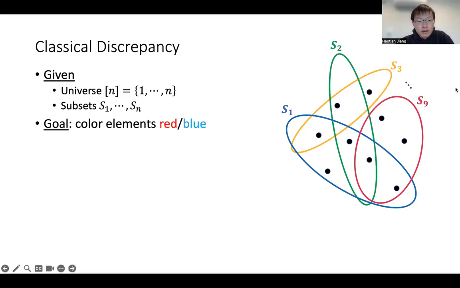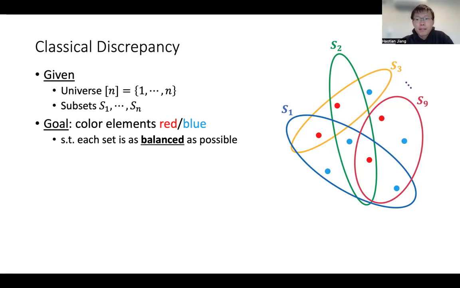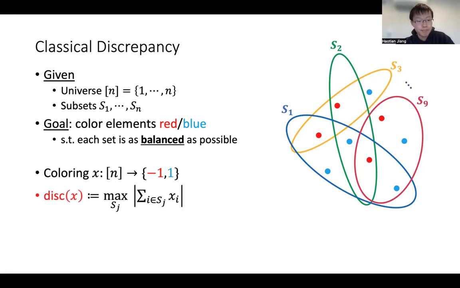Our goal is to color the elements red or blue so that each set in the set system is as balanced as possible. More formally, for a coloring, let's think of the red elements as -1 and the blue elements as +1s. Then the discrepancy is defined as you take the maximum over all the sets Sj in the set system.